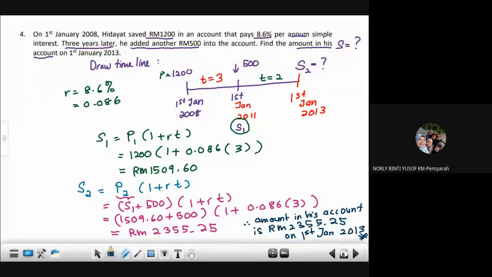Okay, itu cara nak kira simple interest lah. Itu kena draw timeline tu untuk kita tahu.